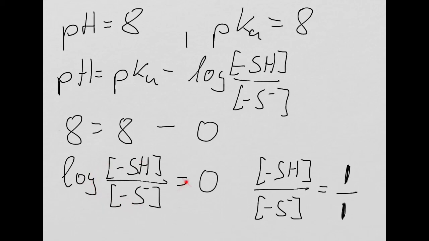And if it is 0, I take both sides 10 to the power of, 10 to the power of 0 is 1, so I have a 1 to 1 ratio. I have exactly the same amount of molecules in the SH state as in the S minus state. So I have a 1 to 1 ratio.